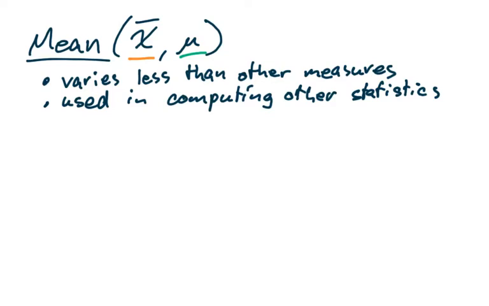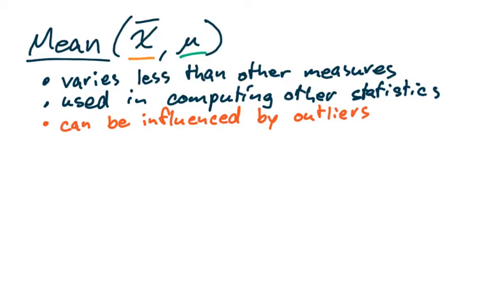It varies less than the other measures, meaning if we select different samples from within the same population and compute all three of these different statistics, the sample means will be less widely distributed than the median and the mode. It's used in computing the other statistics used to measure variation, variance, standard deviation, some examples of these. But it can be influenced by outliers.